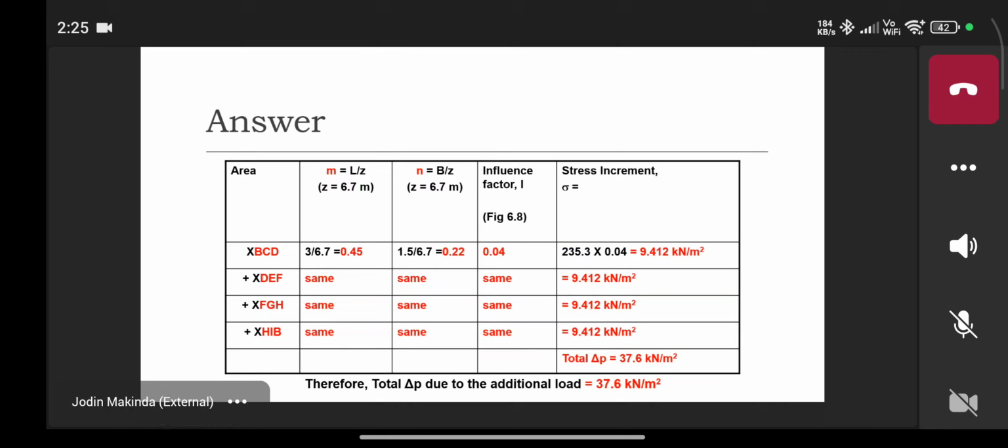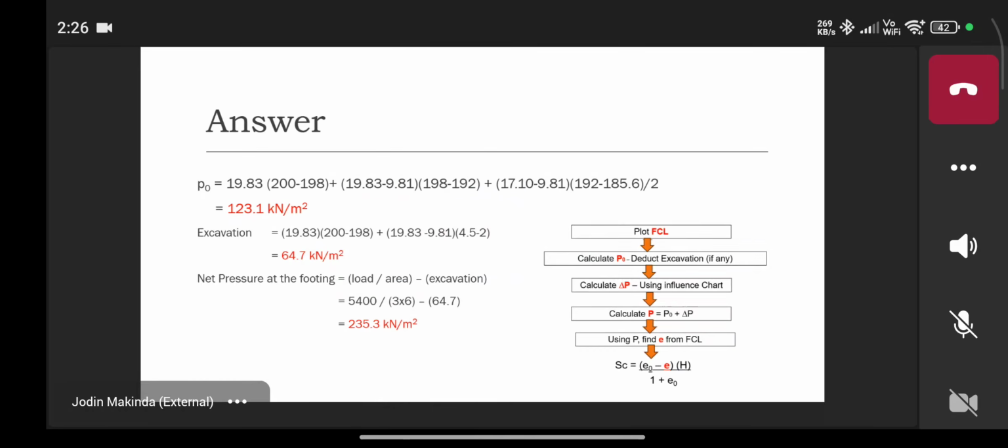So 0.45 and 0.22. I use the influence chart to determine the influence factor. I obtain 0.04. Therefore, the stress increment due to one square is 235.3. Where does the 235 come from? This one comes from here, 235.3, the net pressure.